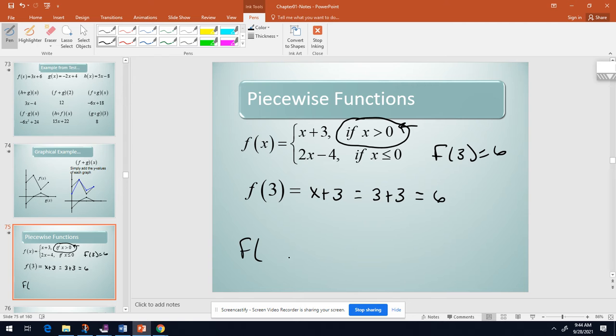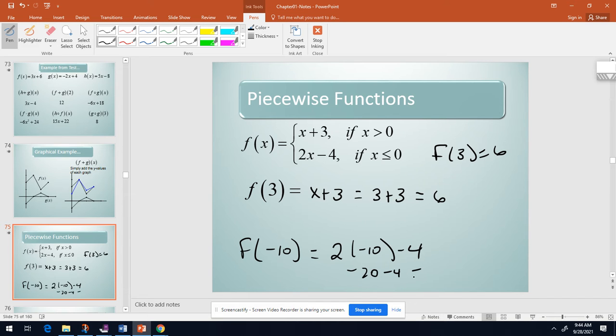If I ask you to find f of -10, okay, same thing. Looking at this piecewise function, I am looking at the domain. What domain is -10 in? -10 is less than or equal to 0. So I would plug it into 2 times -10 minus 4, which is -20 minus 4, which is -24. So I would get f of -10 equals -24.